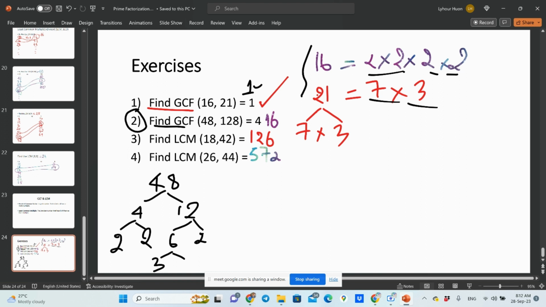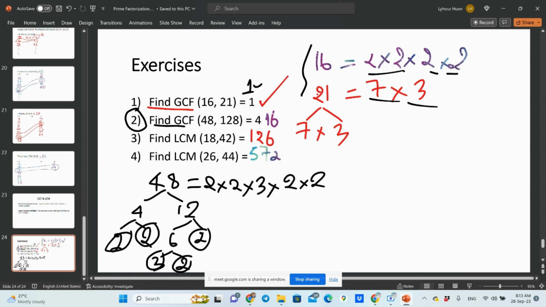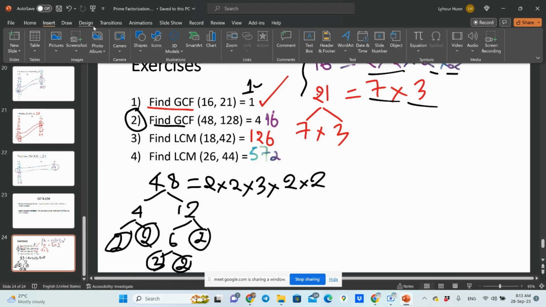So 48 is equal to 2 times 2 times 3 times 2 times 2. Here is the end result, here, here, and here. That is the composition of the number 48.